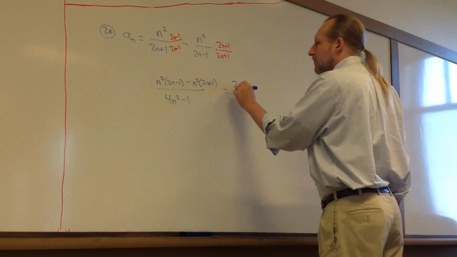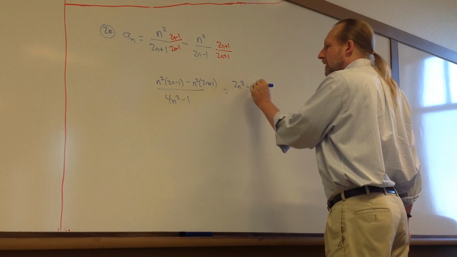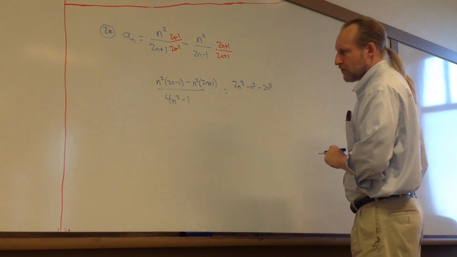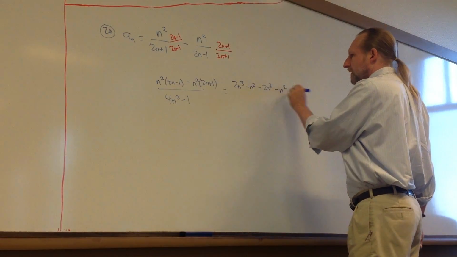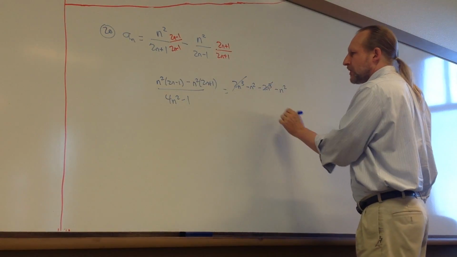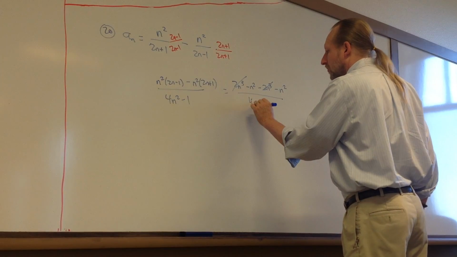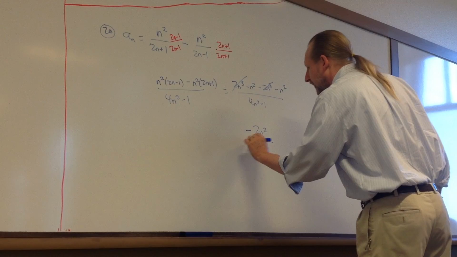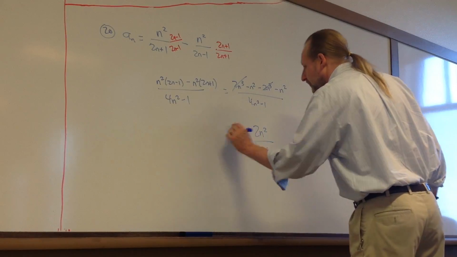So that's 2n cubed minus n squared minus 2n cubed minus n squared. So these cancel each other out, and we come out with negative 2n squared over 4n squared minus 1.